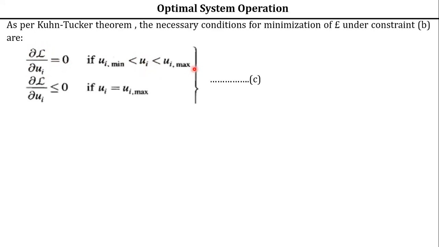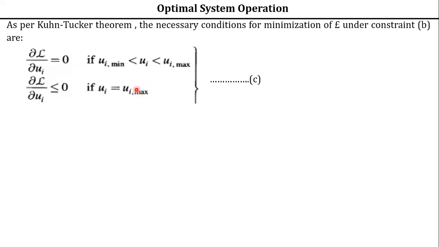Please remember this. This is the first Kuhn-Tucker condition. These are not sufficient conditions but necessary conditions. If it is within the limits, then the gradient, that is the first order partial derivative of the Lagrangian function with respect to the control variable, is equal to 0. That is, gradient is equal to 0.